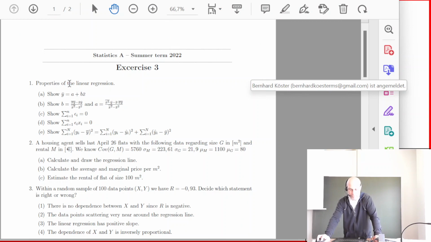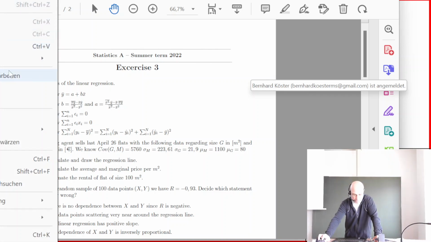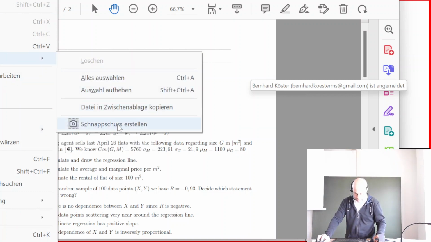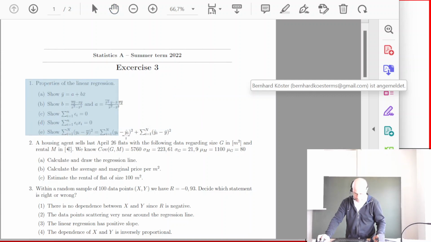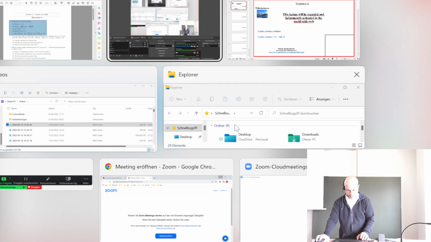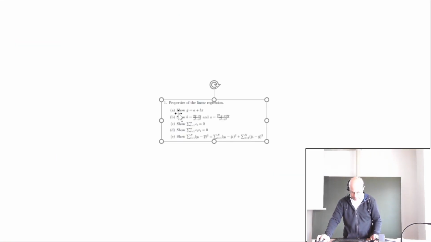So first of all, we want to recapitulate the linear regression, and for this we look at some properties of the linear regression. So then let's take exercise number 1 and let's start.